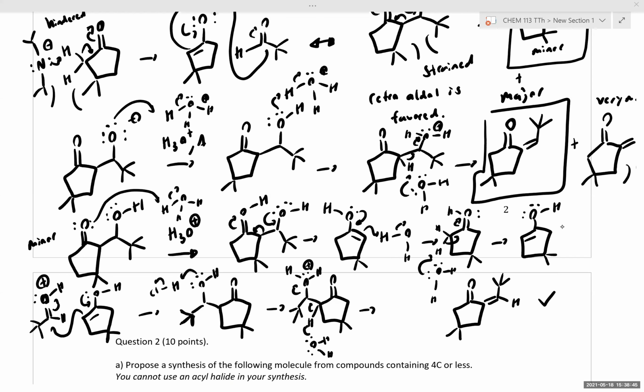You can funnel a mixture of beta hydroxyketones to the desired condensation product because you can promote a retroaldol and then an acid catalyzed aldol to generate the more stable beta hydroxyketone product. And this only works because the aldol product for the minor product is highly strained, and that makes the retroaldol occur quite readily.